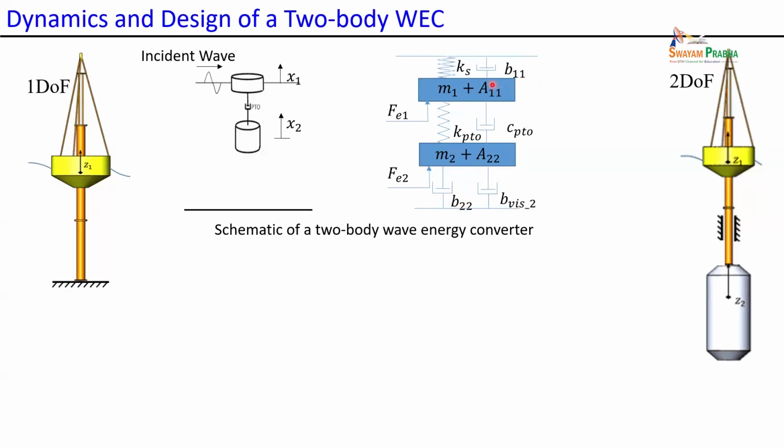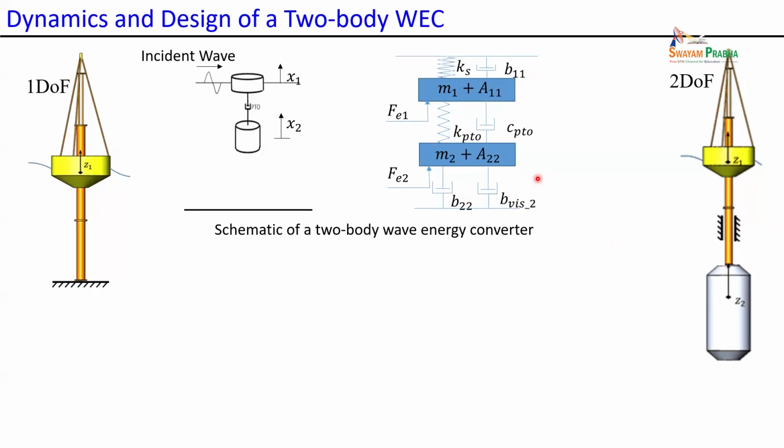Here we didn't put viscous damping, because compared with radiation damping, viscous damping is small on the surface. Below the surface, submerged in the water, viscous damping and radiation damping are almost the same. This is why here we have equal viscous damping, and here we don't.